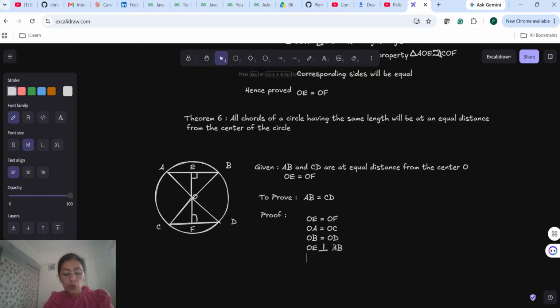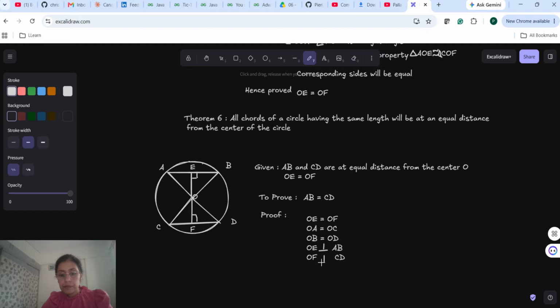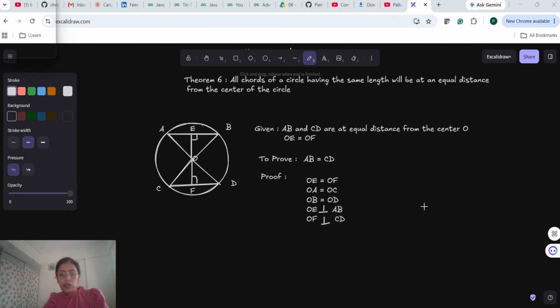And we also know OF is perpendicular to CD. Okay, so these all are the things that we know already about this. So let's see what we can prove using this.